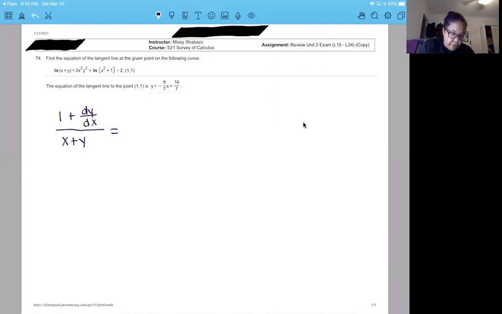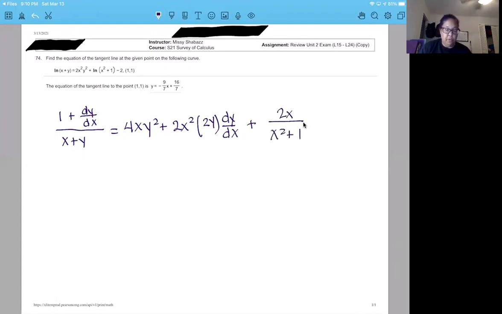So the derivative of the first, which is 4x, times the second, y squared, plus the first, 2x squared, times the derivative of the second, 2y dy dx, plus, now this one's only in terms of x, so the derivative of the inside is 2x over the inside, x squared plus 1.